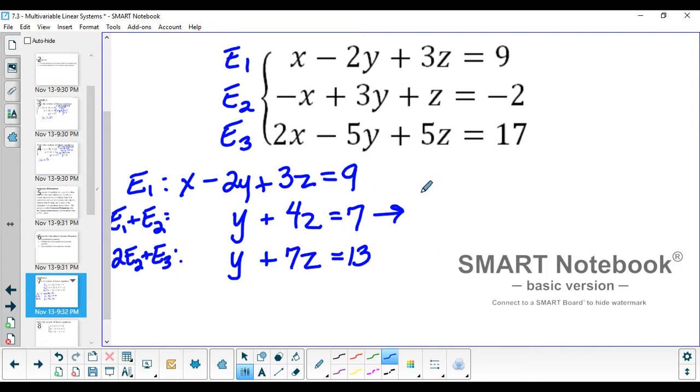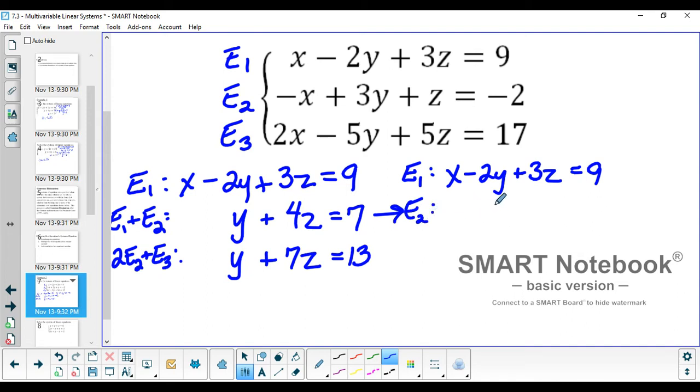My equation 1 is fine because we just want a leading coefficient of 1 there, so I don't have to change that at all. So x minus 2y plus 3z is equal to 9. My new equation 2 has coefficients of 0, then 1, which is exactly what I want, so I don't have to change that either.